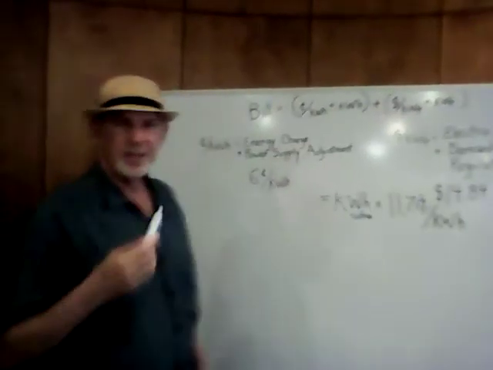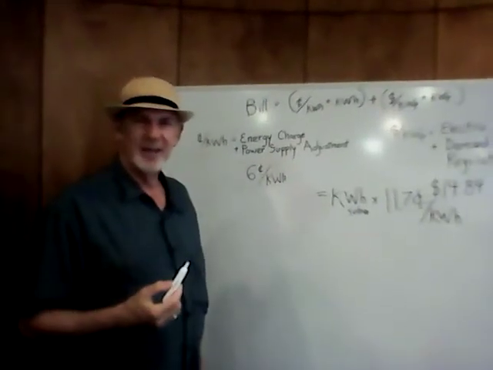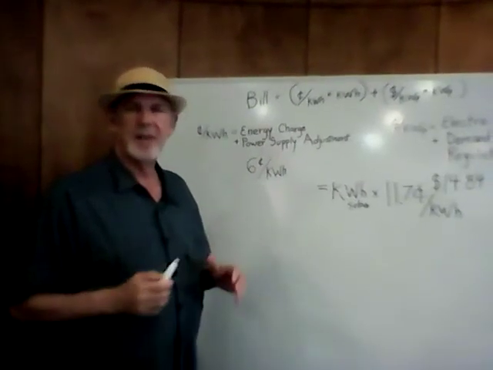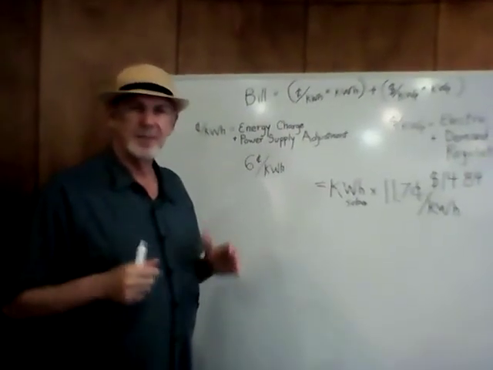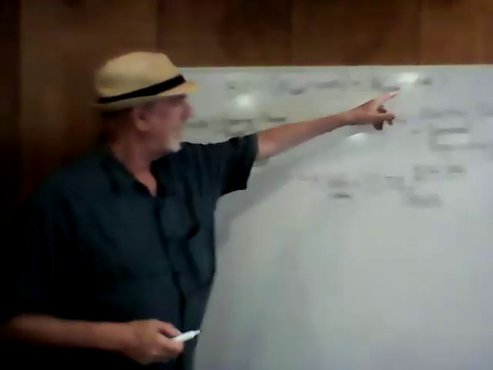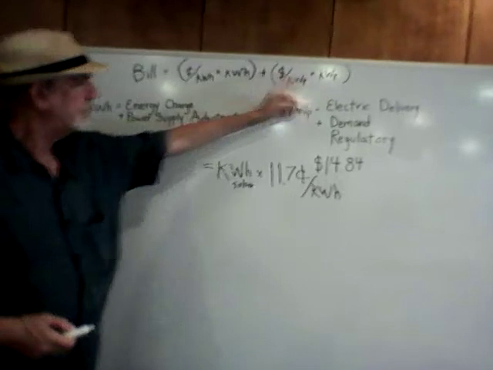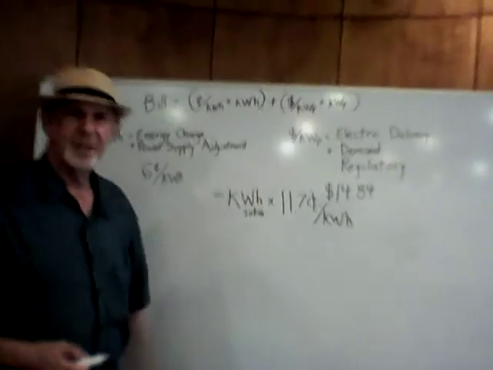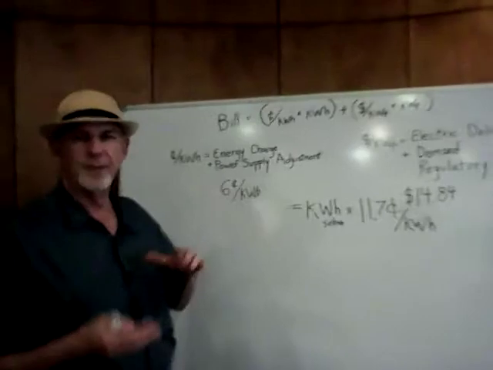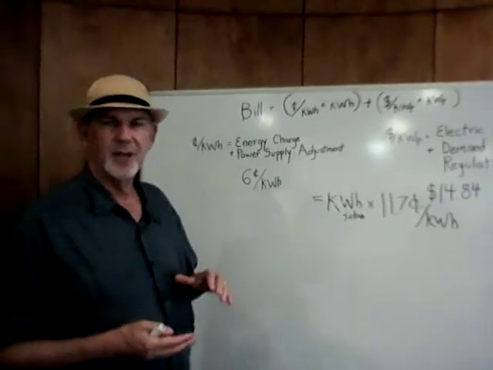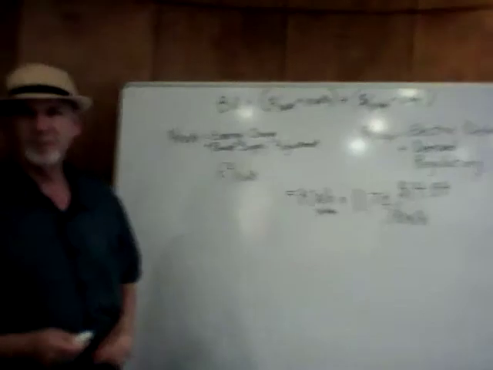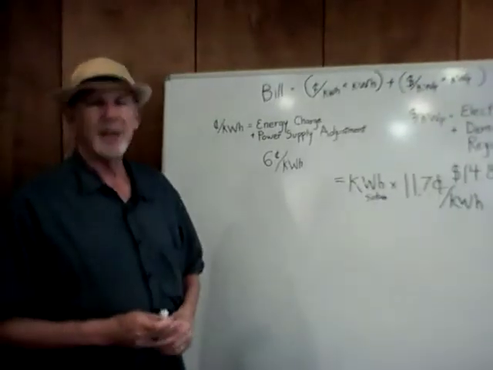As long as you're discharging the battery and the juice goes back into the building at the time of the peak, you will reduce the peak demand. You'll reduce that term, and for every kilowatt that you reduce the load for a given month in the summer, you're going to save $14.84. That's how batteries save you money.